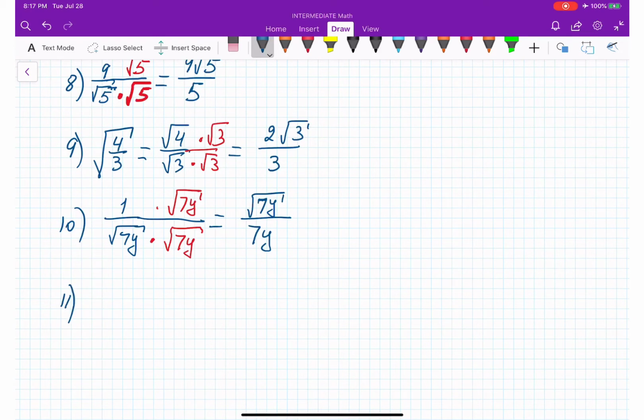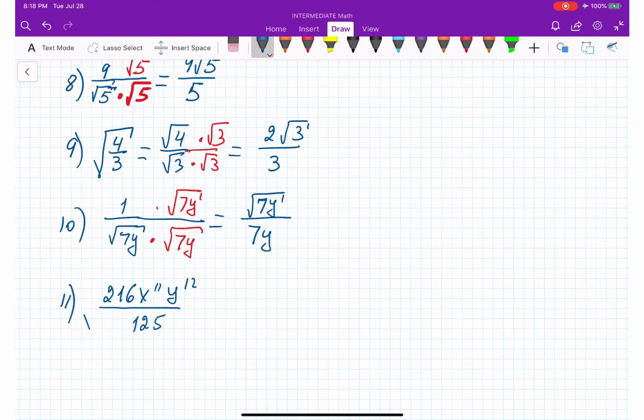Number 11. Let's see. Oh, we are going to deal with a nice one. Some bold fraction. So 216 x to power 11 and y to power 12 over 125.